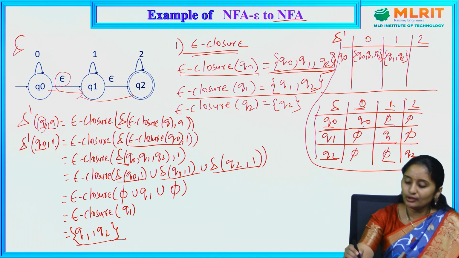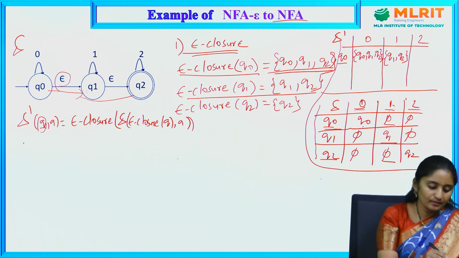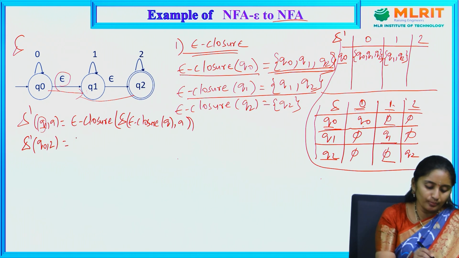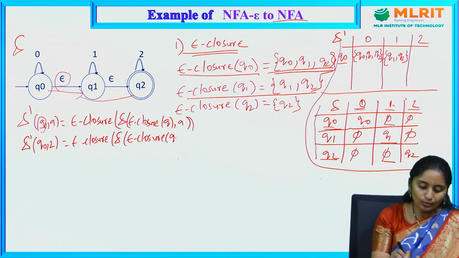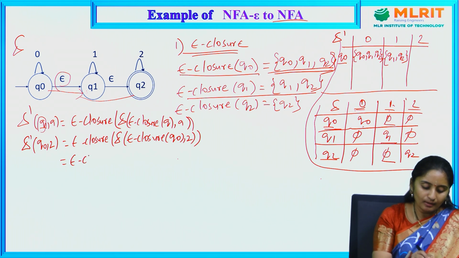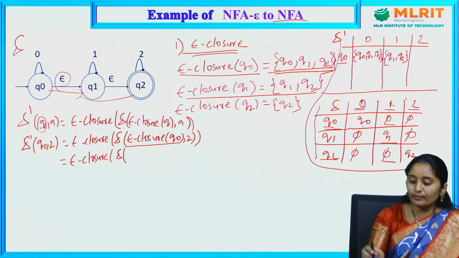Now next we need to find Q0 on 2 input. Delta dash of Q0 on 2 input. Epsilon closure of delta of epsilon closure of Q0 comma 2 input. So what I am having? Epsilon closure of delta of epsilon closure of Q0, what I am having?